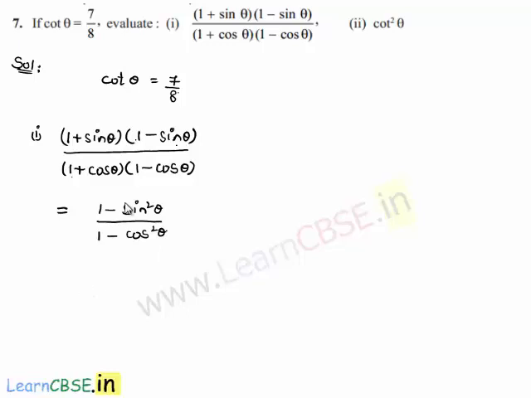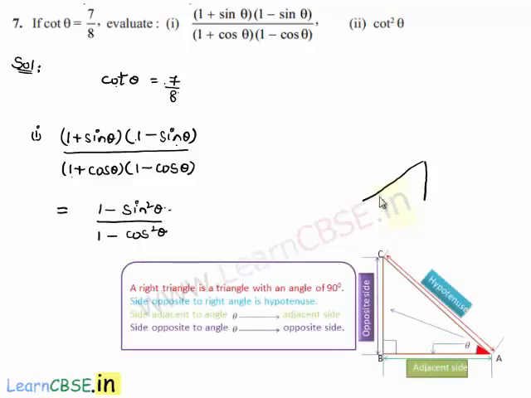Now, in order to solve this, we need the values of sin theta and cos theta, which we have to establish from the given relation that cot theta is equal to 7 by 8. So, let us have a right angle triangle in which the base angle is theta, and we know that cot of an angle is the ratio of the adjacent side to the opposite side.